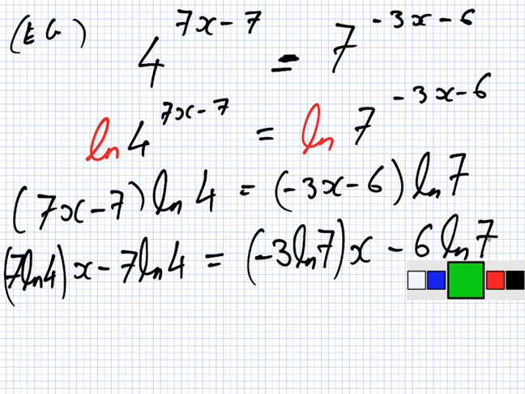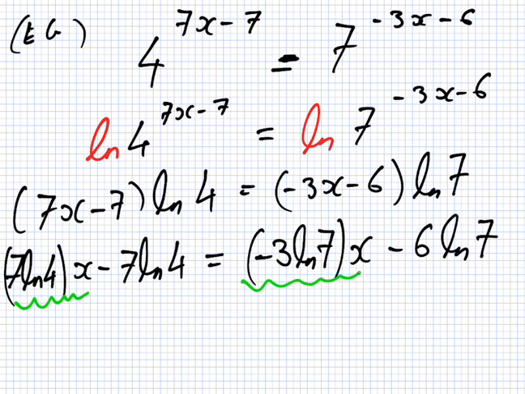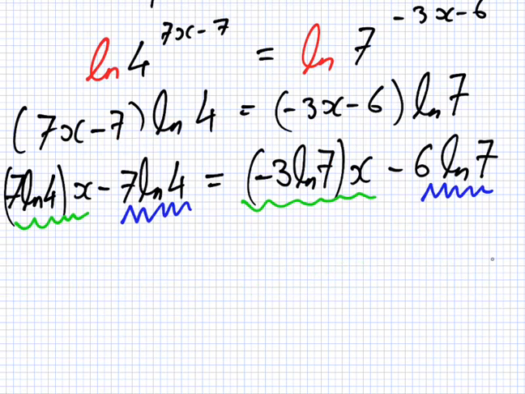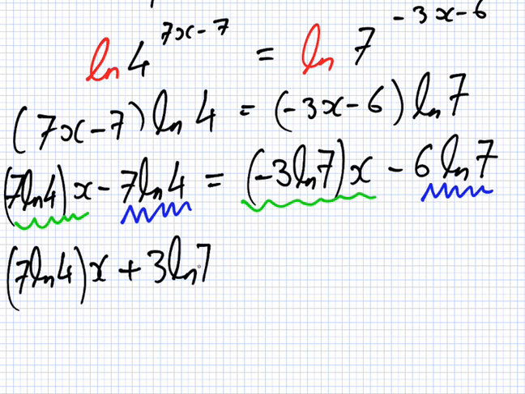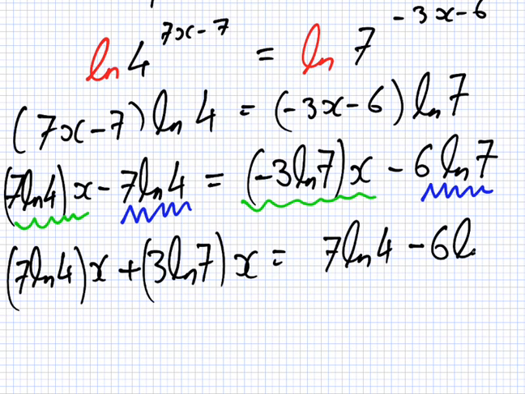So you can see that there's an x piece here and here, and then there's a non-x piece here and here. So if I bring my x's to the left, I get 7 log 4 x plus 3 log 7 x equals 7 log 4 minus 6 log 7.